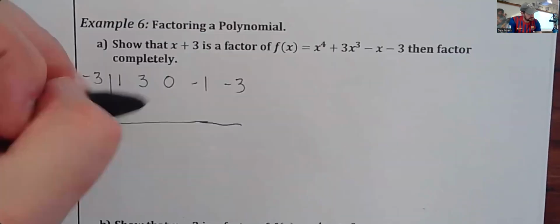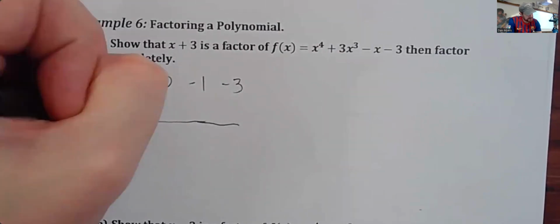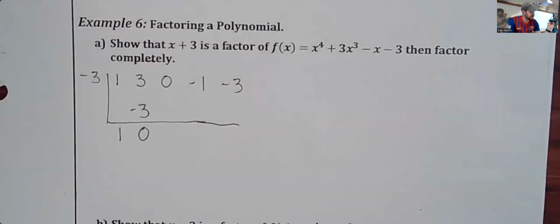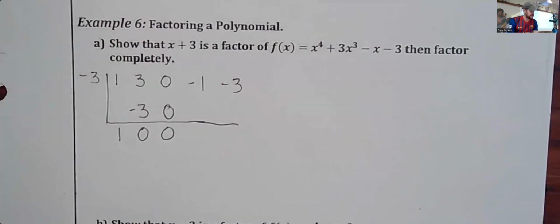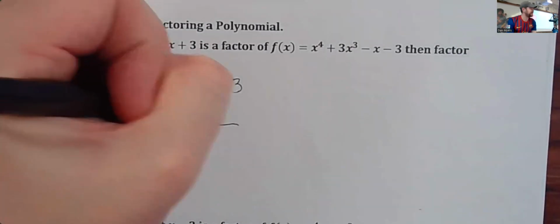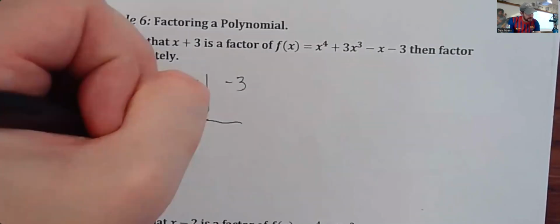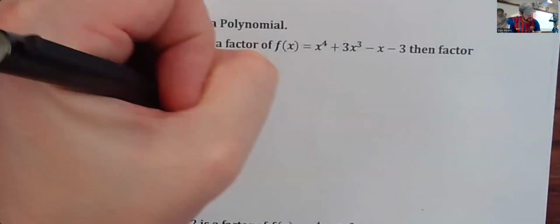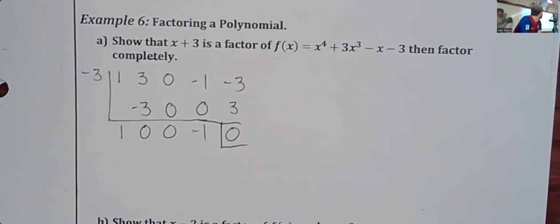Drop down the 1, multiply, -3, add, 0, multiply, 0, add, 0, multiply, 0, -1, +3, and 0.